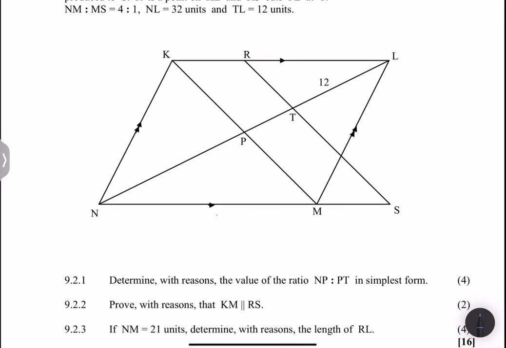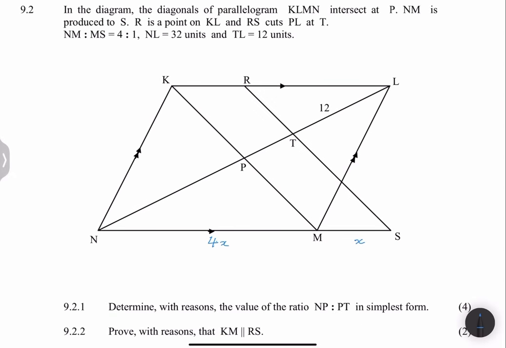So if MS is X, then NM will be 4X. Now remember, when we talk about a ratio, that isn't the length, but the basic unit of their length, or the relationship between their lengths.